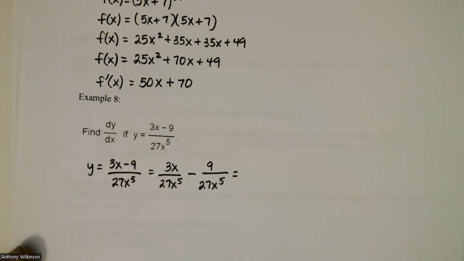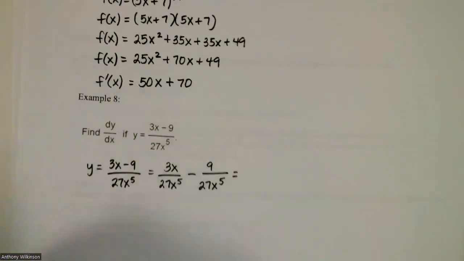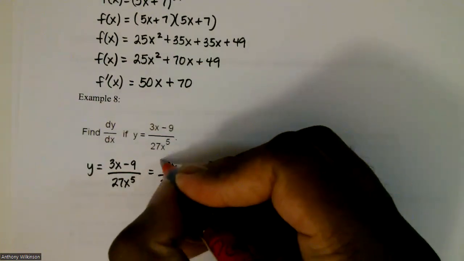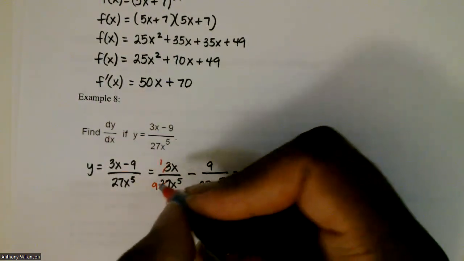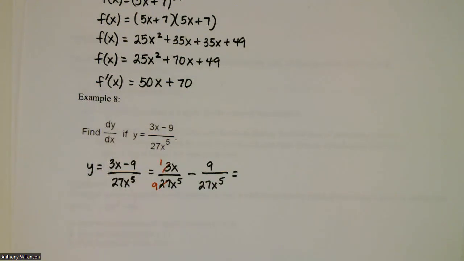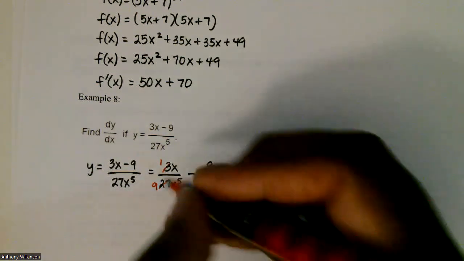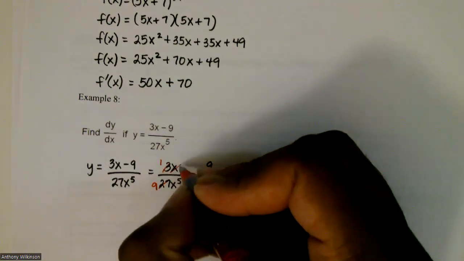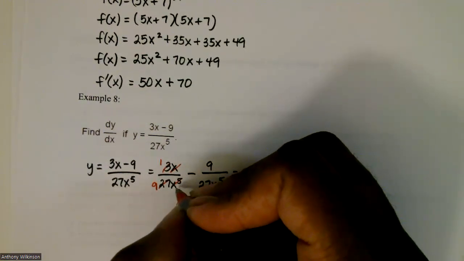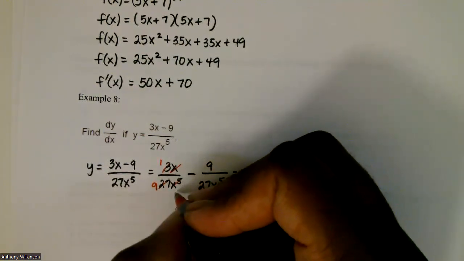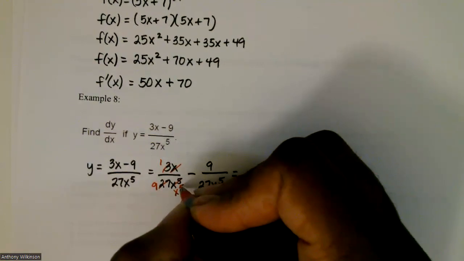So for the 3x over 27x to the 5th, let's see, if we reduce 3 over 27, 3 goes into itself 1 time, 3 goes into 27 9 times. I will have this. Let's see, this x can be reduced. I can cancel or divide out an x with an x to the 5th. That would give me x to the 4th.